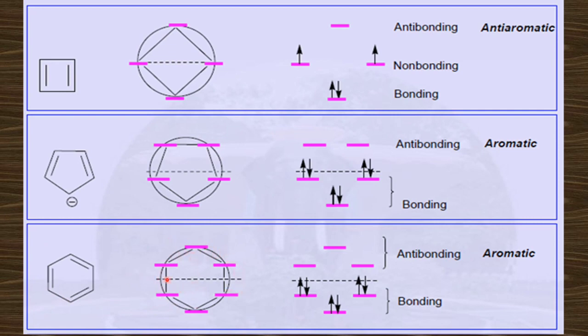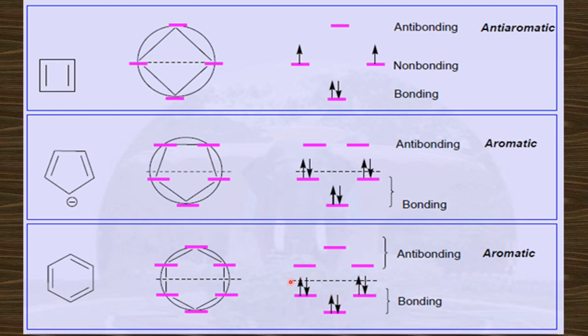Now bisect the circle into 2 equal halves horizontally with a line here. All those molecular orbitals which are lying below this line are called bonding molecular orbitals, and those above are called anti-bonding molecular orbitals. Benzene has 6 pi electrons. Those 6 pi electrons are occupying the 3 bonding molecular orbitals as shown here.